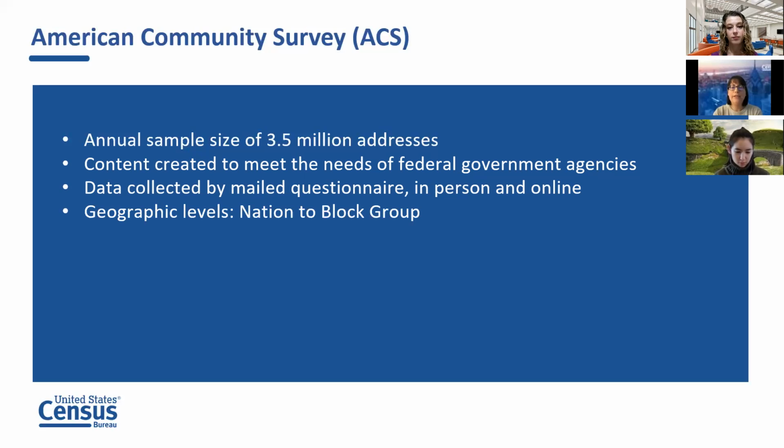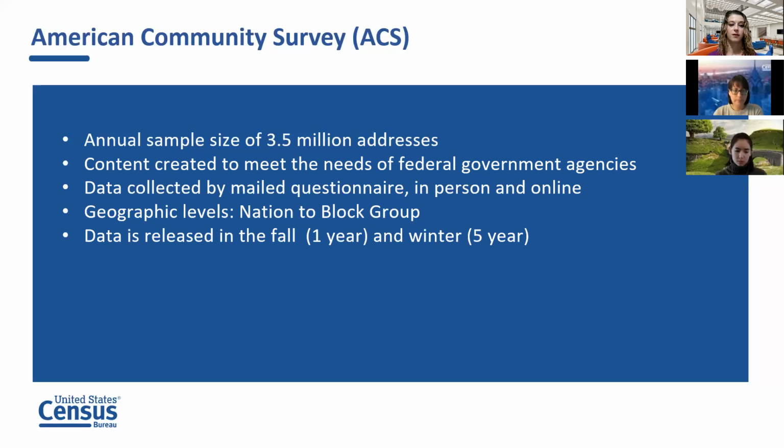For geography, you can get data at the nation level all the way down to what we call the block group. There are many iterations of geographies in between, and I have a couple of slides in a little bit where I'm going to show you how to understand how the census uses geography. For the ACS, data is released twice a year. There's a 1-year sample and a 5-year sample.